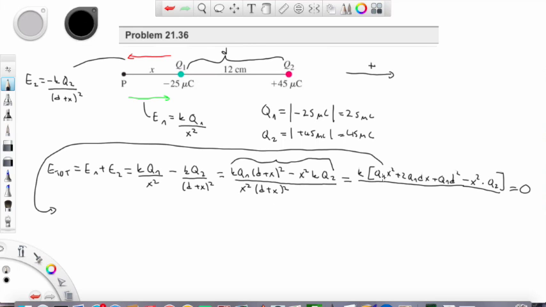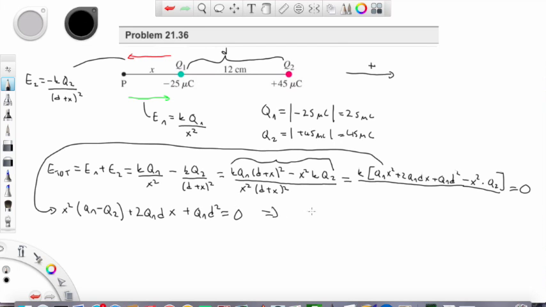This is a second order equation, so let's collect the terms. x squared times (q1 minus q2) plus 2 times q1 d times x, and then we only have the constant term, plus q1 d squared, and this has to equal zero.